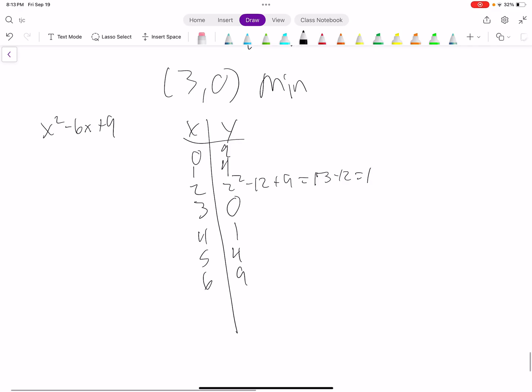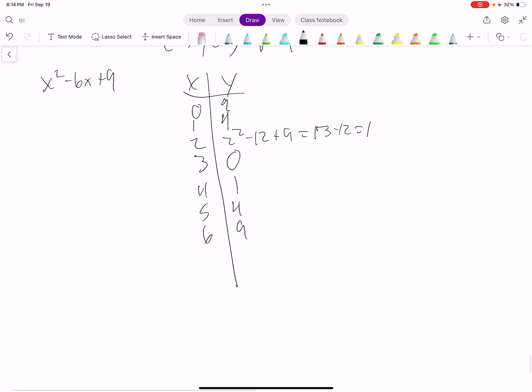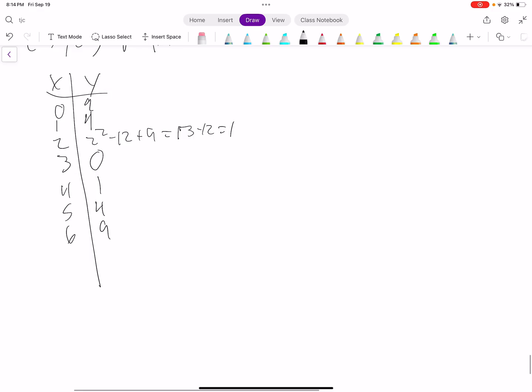So now I'm going to graph it. Let's see, I'm going to scoot over here, make myself more room. So I graph the vertex first, which is (3, 0). Here's the vertex. Now at 2, you're at 1.